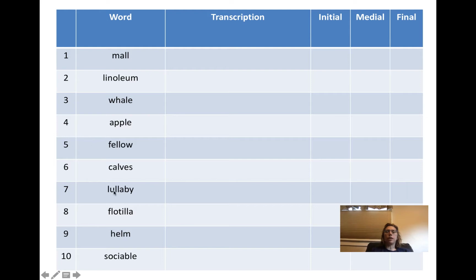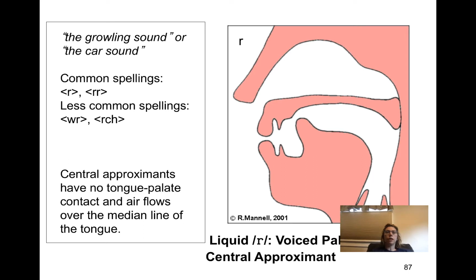Sometimes those L's aren't really produced, so it's just something to pay attention to. Again, as a sound that we work on a lot in treatment, make sure you're picking good words for treatment. L's are often in clusters that we're going to work on in treatment. So again, pick nice cluster words that are useful and functional for our kids.